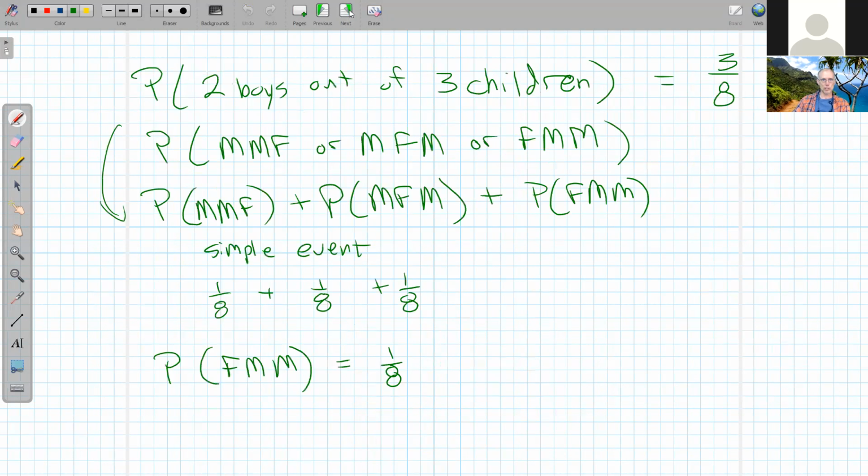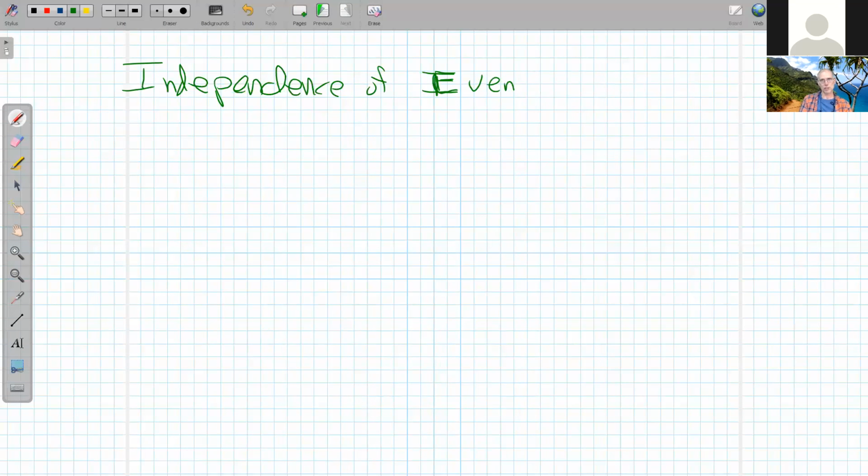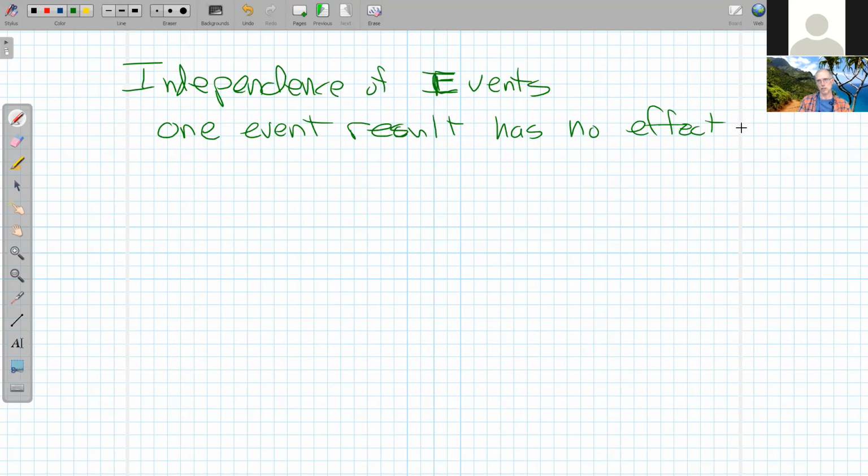All right, so I need to pay more attention to this idea of independence that I just introduced in that example. Independence of events. What that means is one event result has no effect on future events.